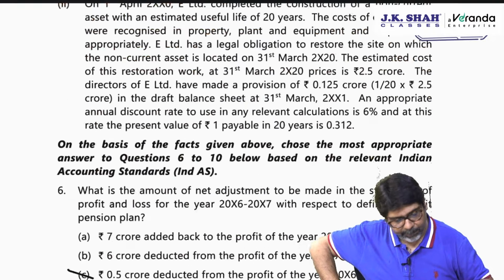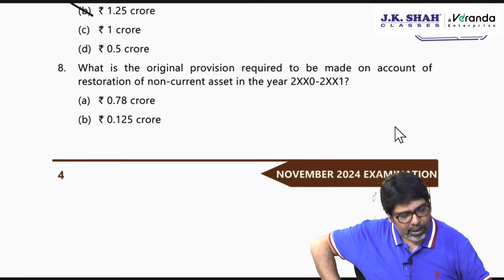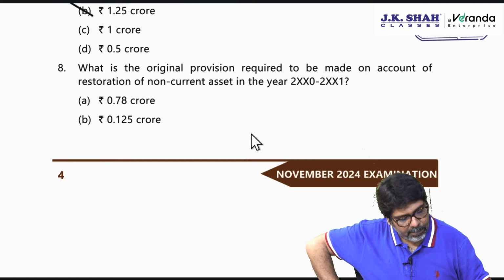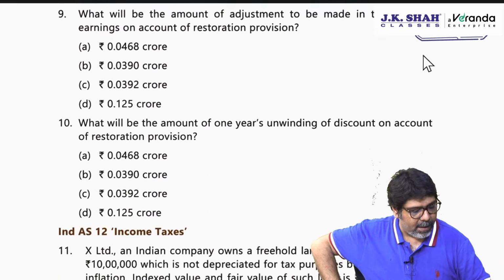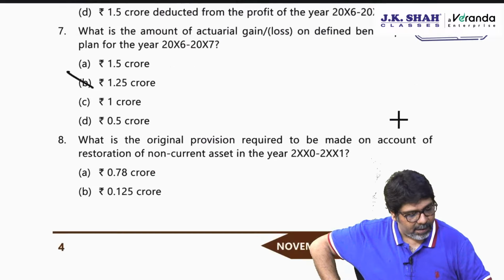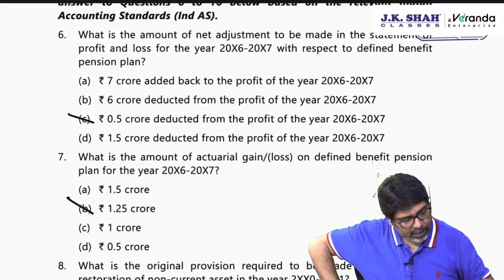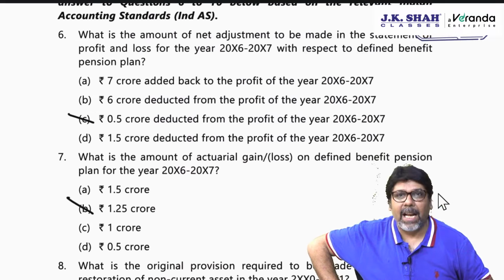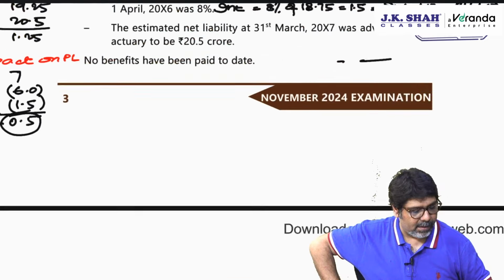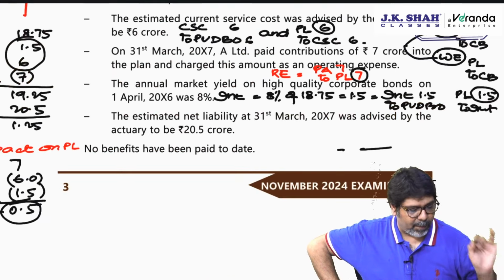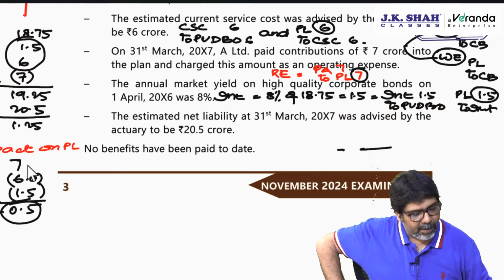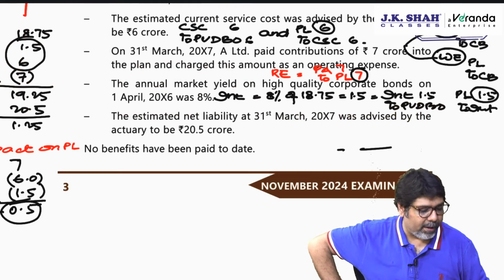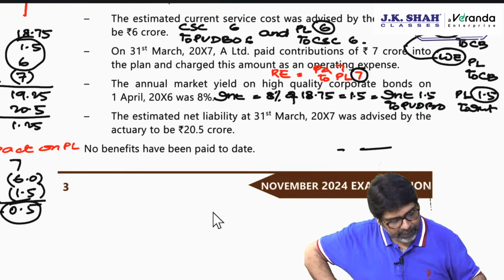Now, thereafter, what is the original provision required? Restoration. This is 8. No, this is different. So these two answers we got. Correct, incorrect? Correct. Now, shall we move ahead? You could not find out net impact without doing 7, 6 and 1.5. So all the calculations which we did were necessary.